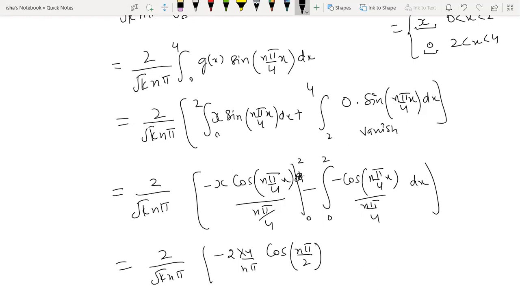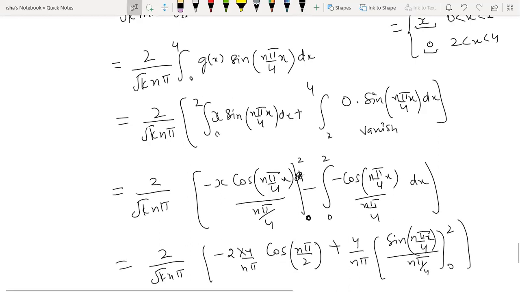When you substitute the lower limit, x equal to 0, x is in the multiplication, so the lower limit value comes out to be 0. The second integral will be minus minus plus 4 by n pi, and one more time you integrate cos, that will be sine n pi by 4 x upon n pi by 4, from 0 to 2.